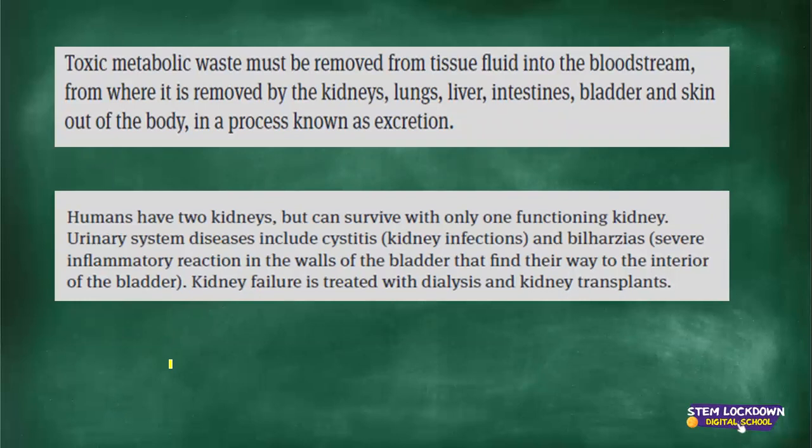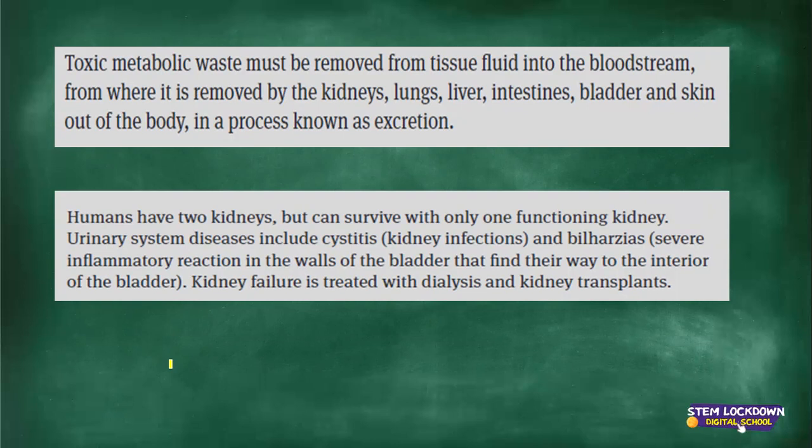From the intestines, you get the waste from digestion, the excess waste that is there in the digestive system. The bladder contains what? It contains the urine, which is excess water or excess salts that need to be excreted from your body, as well as the skin. All of those are organs which are involved in the process of excretion in the body. They play a part in releasing or excreting waste from the body.